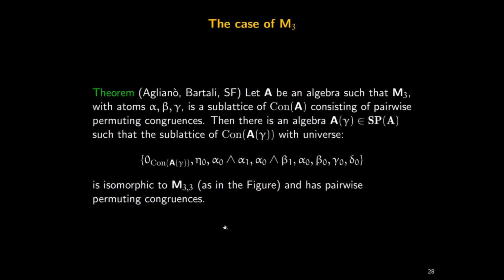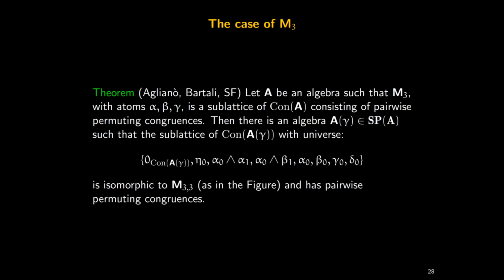And in this case, you are able to characterize what you produce given the considered congruence. So the theorem that you obtain characterizes A of gamma, in the case where you start with an M3 consisting of pairwise permuting congruences.